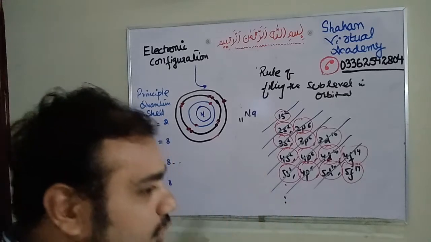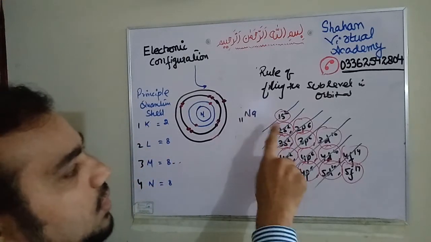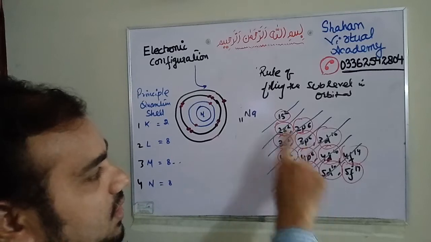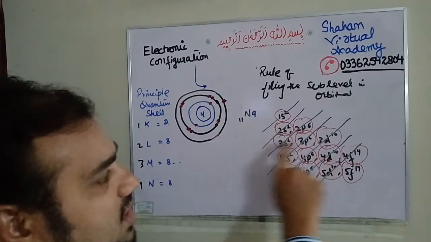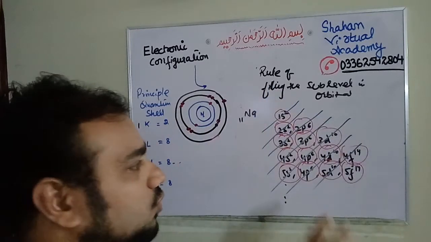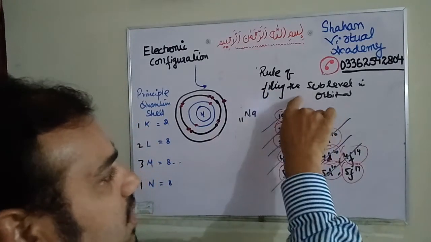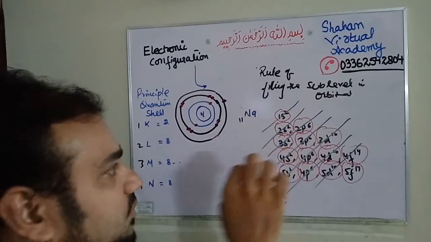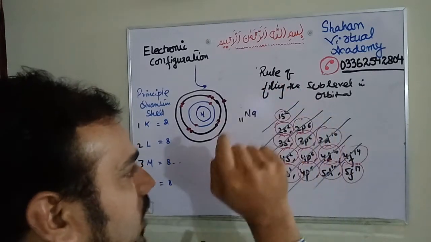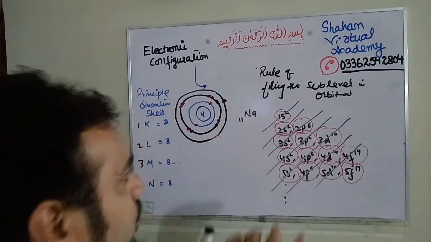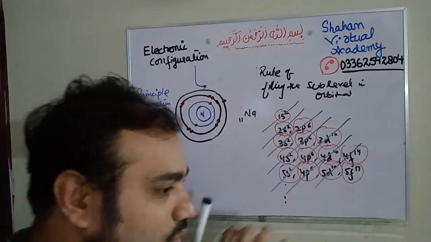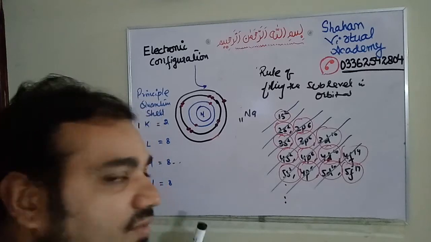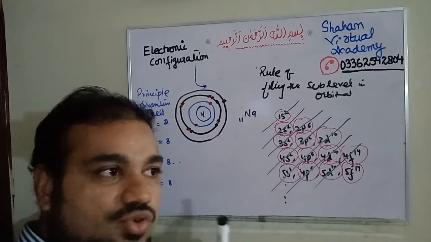We just follow the rules of the arrows, not the rules of continuity. The orbitals that come in between along the arrow we take first. Electrons are filled from the lower energy levels to the higher energy levels.